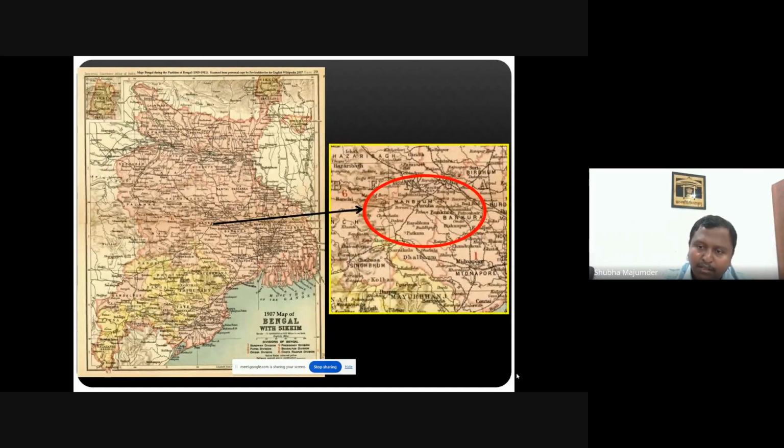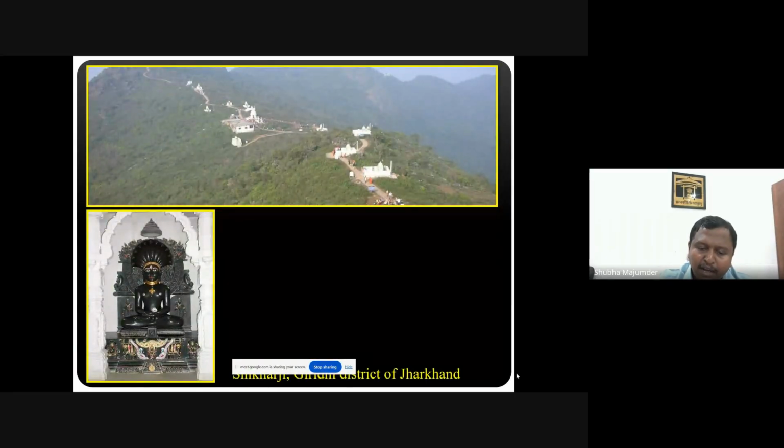This is the ancient map of the Chhotanagpur Plateau, and I mark the core area. This is Shamet Shikharo, a famous Jain pilgrimage center, and the major Jain followers almost all visited Shamet Shikharo, where the images of Bhagwan Parshvanath are found.